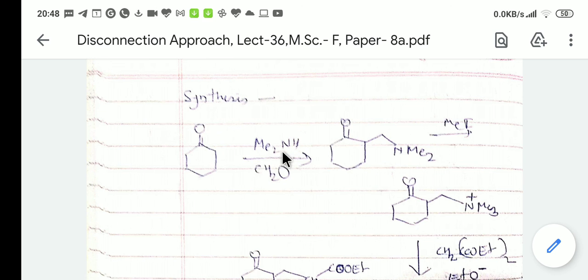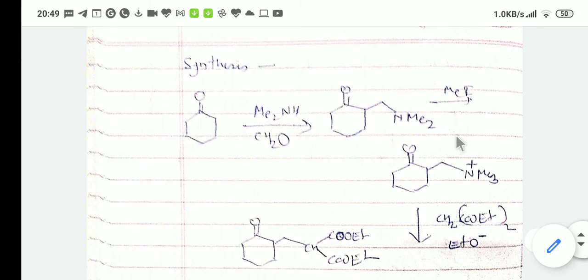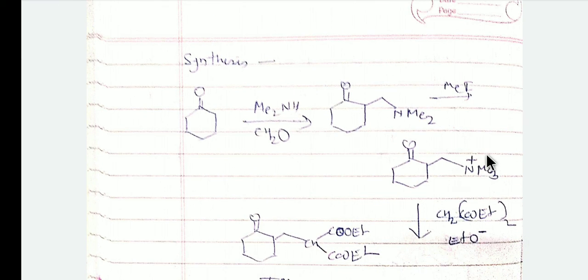On reaction with dimethylamine, Me2NH, and formaldehyde, we get the alkylated Mannich base, which on reaction with methyl iodide gives the trimethylated compound at the nitrogen atom.